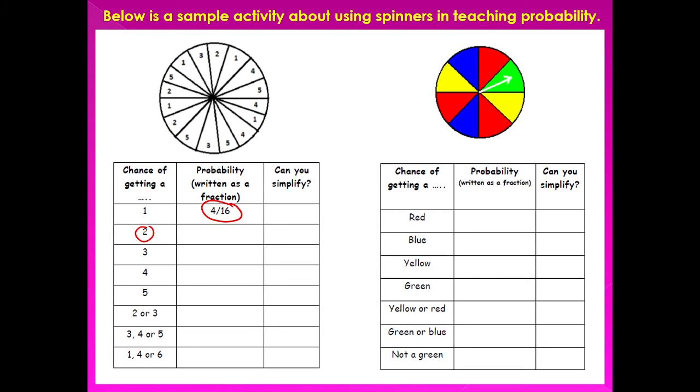There are four 1s. 1, 2, 3, four in all. Why is this over 16? There are 16 divisions in all. So explain that concept. Then you simplify, of course, to 1 over 4. The children fill this in.